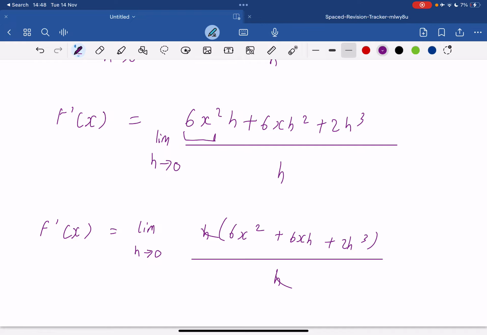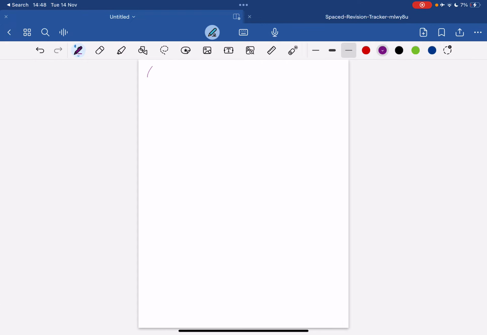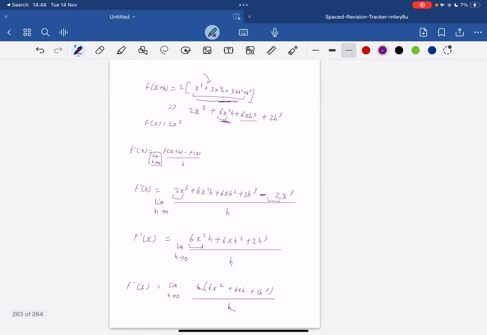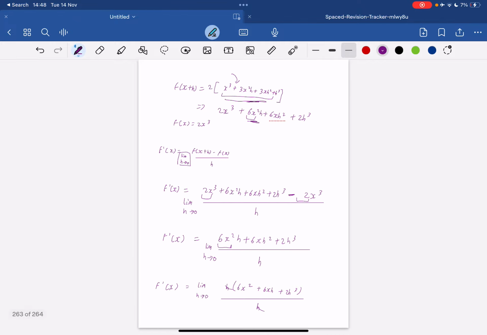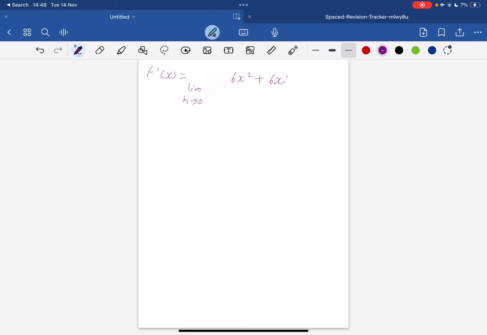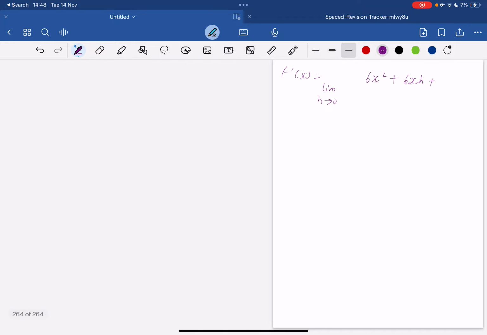The h's cancel, which leads me to f prime of x equals limit as h approaches 0, 6x squared plus 6xh plus 2h squared.